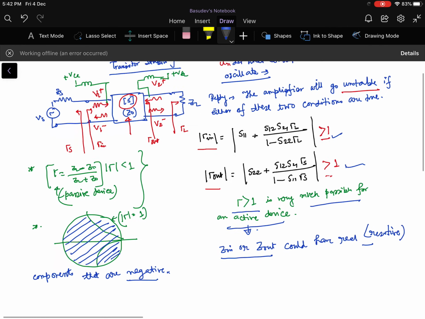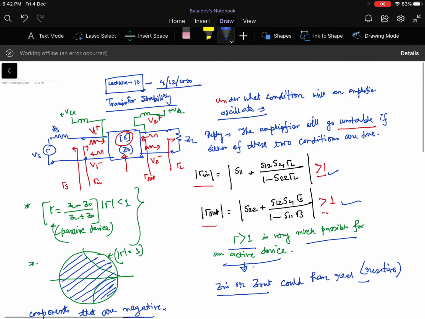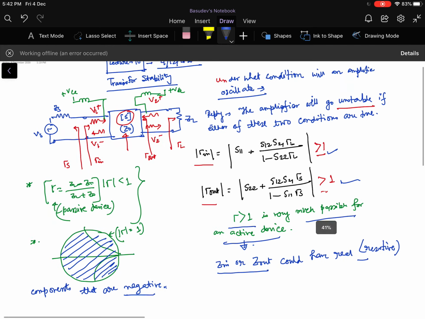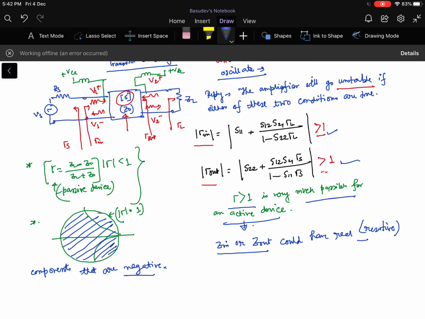Now again I am telling you, if you go to the market and ask a manufacturer to supply a negative resistance, he may not give it, because it is fictitious, it may not be possible. But depending on the circuit conditions, theoretically it is possible to have a negative resistance.